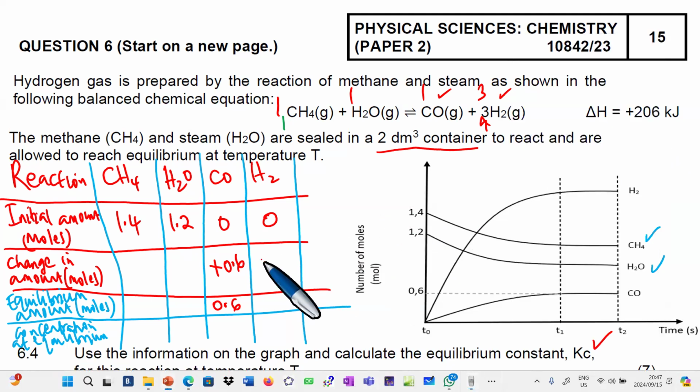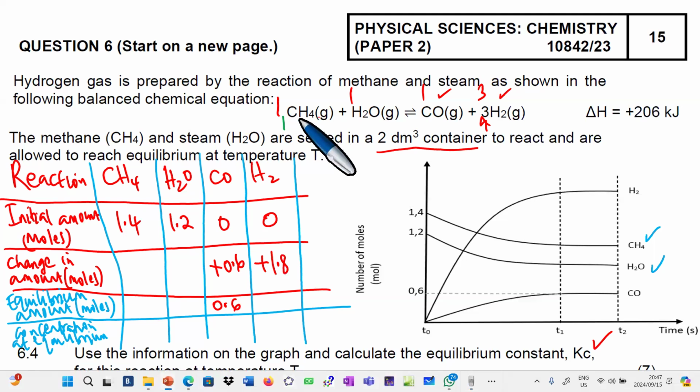Meaning here the change in amount should be plus 1.8 moles, because 1:3 is the mole ratio of carbon monoxide to hydrogen gas.